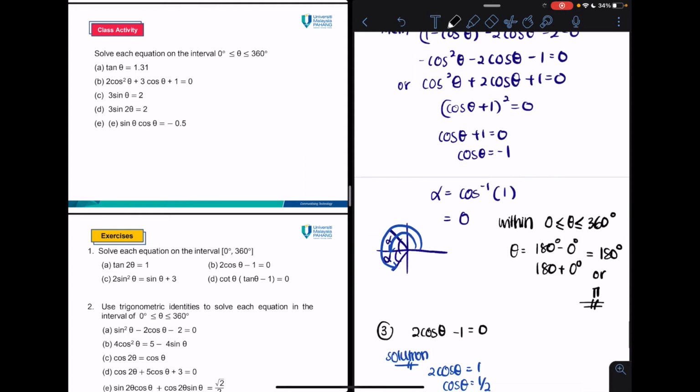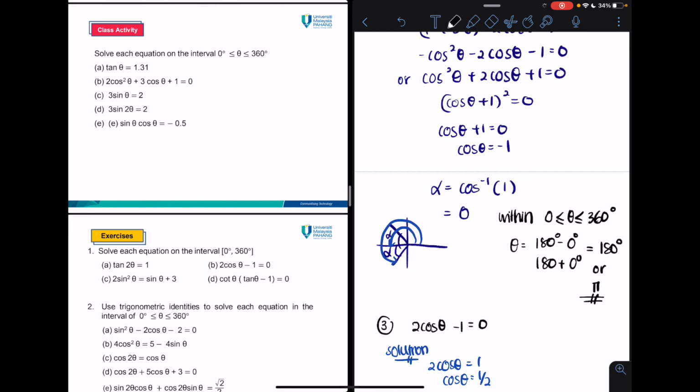Based on our information, we know that cosine theta will be positive in the first and fourth quadrant only. Therefore, in order for the cosine function to be negative, it will need to be located either at the second quadrant or the third quadrant.